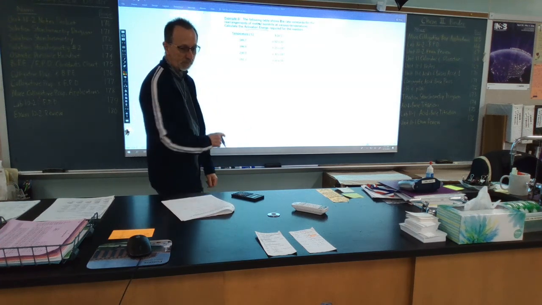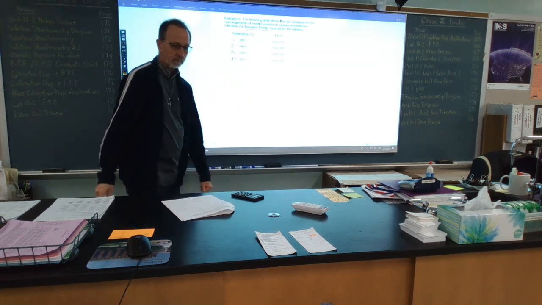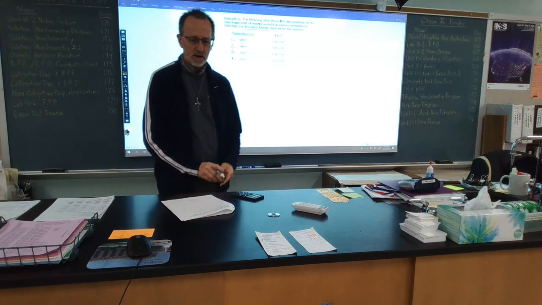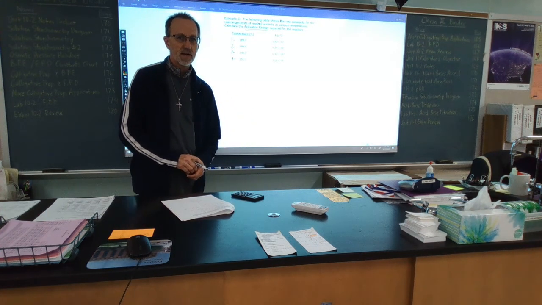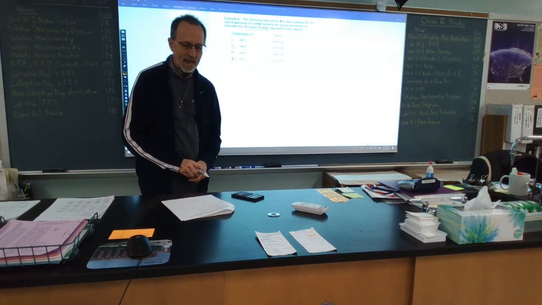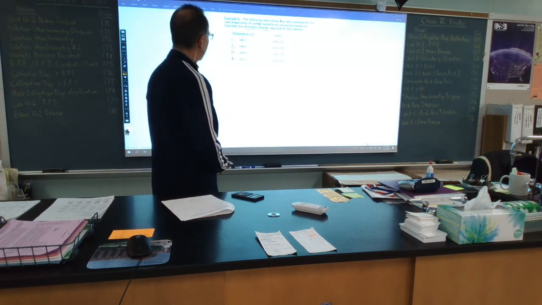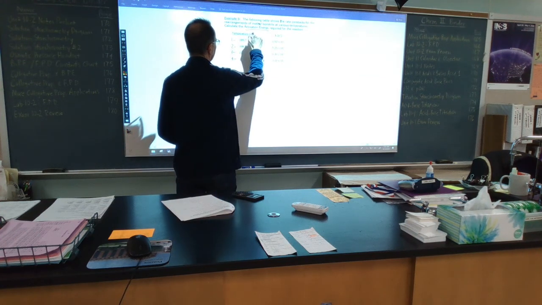So let's look at our data here. So we have 4 data points now that we will ultimately be graphing. But remember, we have to graph ln k versus 1 over T. So we need some numbers on this data table that we don't have yet. Let's do first things first. Let's get these in Kelvin.